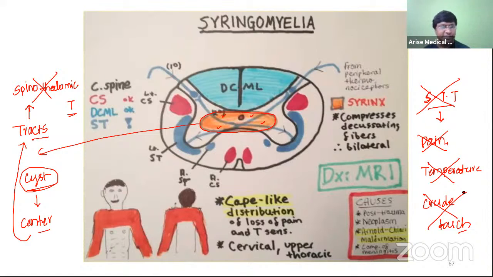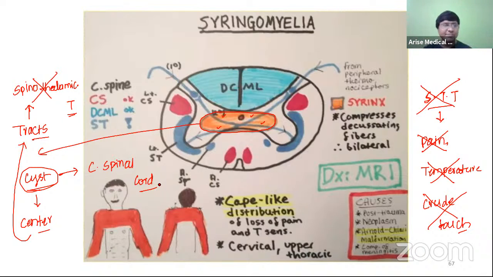Now, the other point is that this cyst is commonly located in the cervical spinal cord. What does the cervical spinal cord contain? It contains the spinothalamic tracts which are coming from your hands.